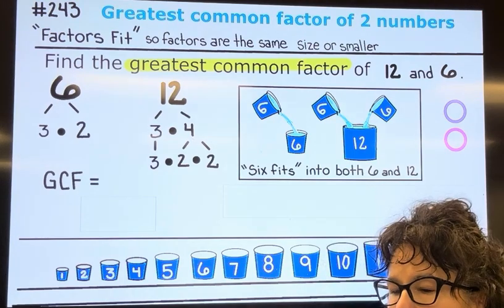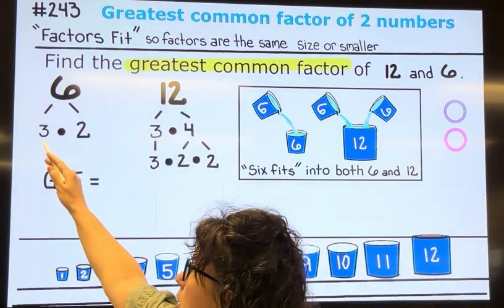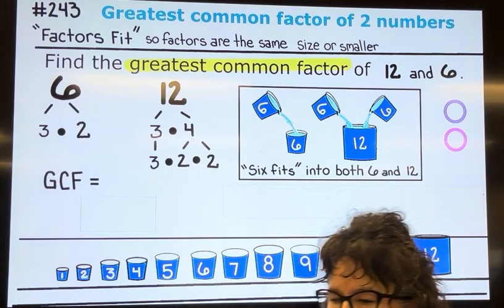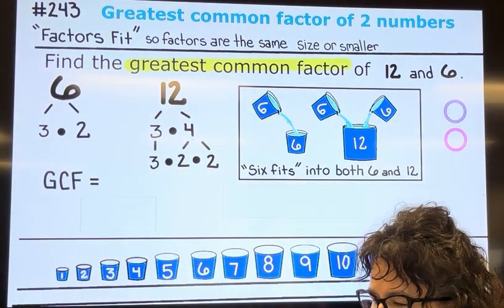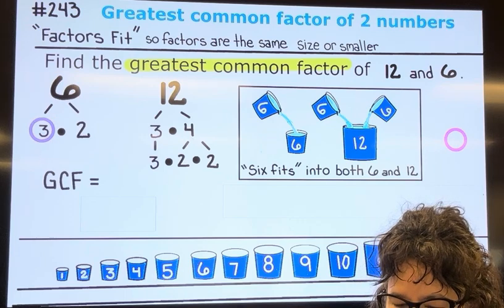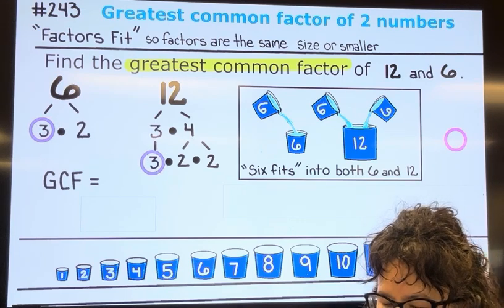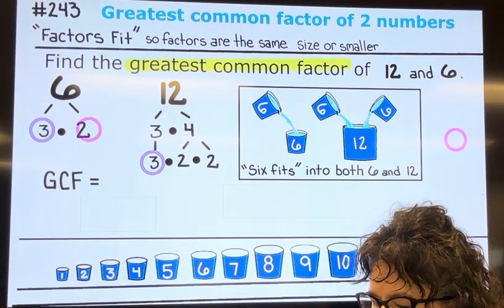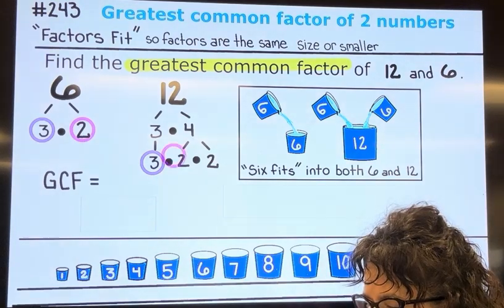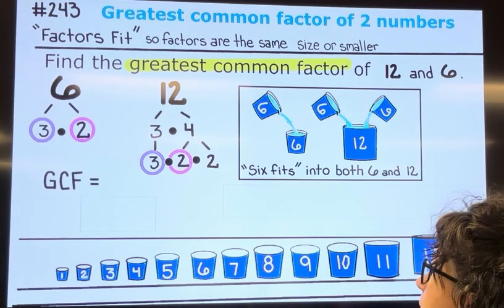Now, if we're looking for what's in common, we're only going to look at the bottom line. And looking for what's in common here, okay, I have a 3 and a 3 in common. And then I have a 2 and a 2 in common.